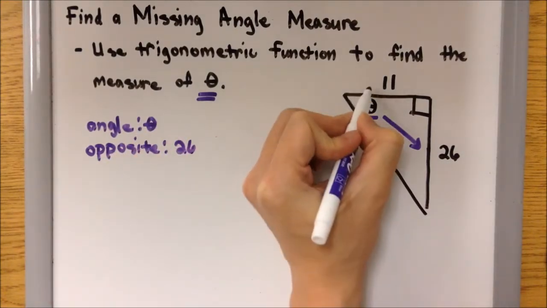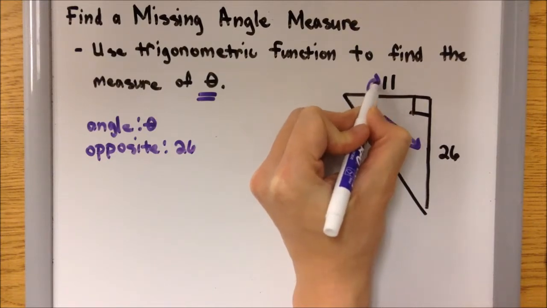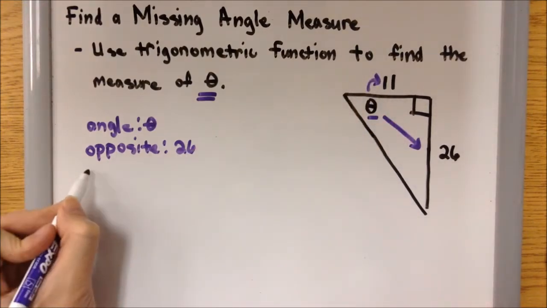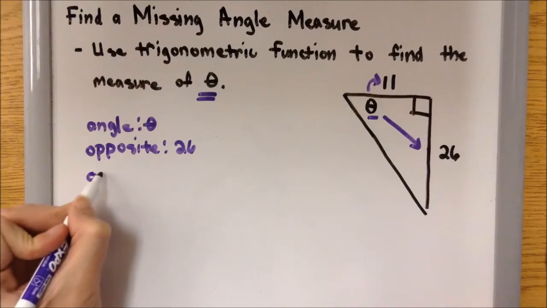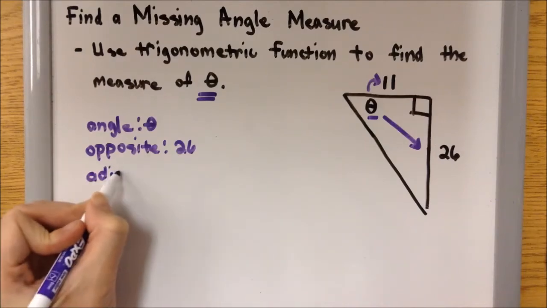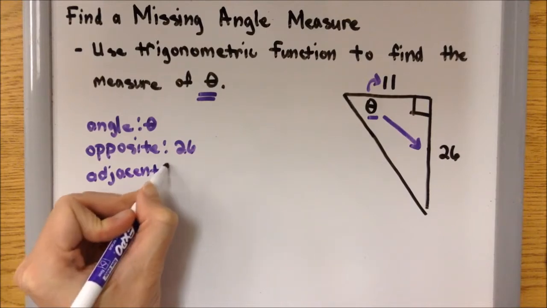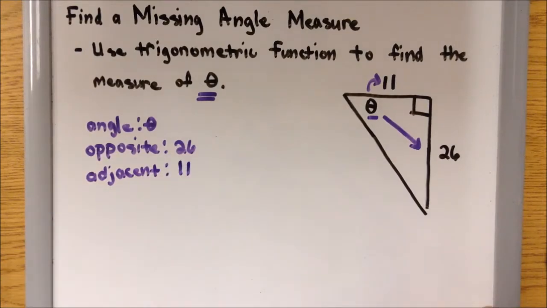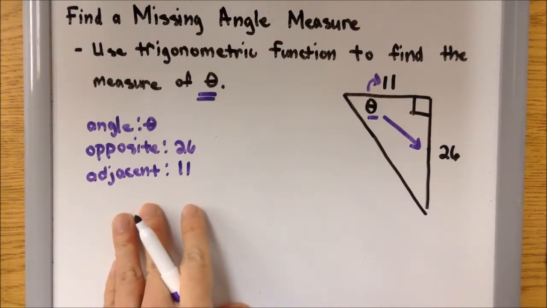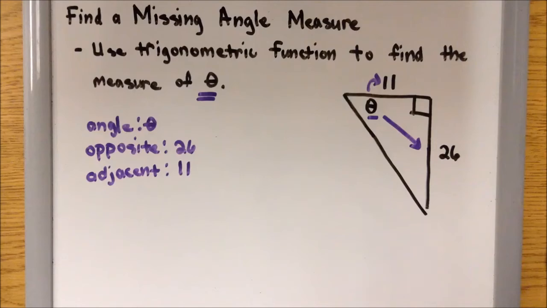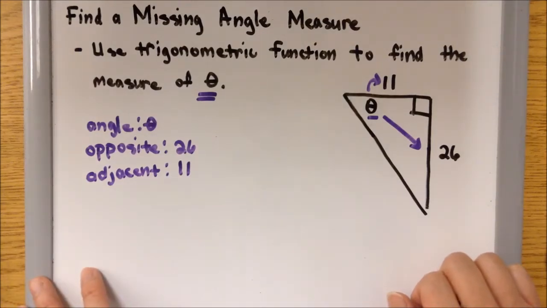And then next to theta is adjacent, which is 11. So the only trig function that uses opposite and adjacent would be tangent and cotangent. But let's see tangent first.